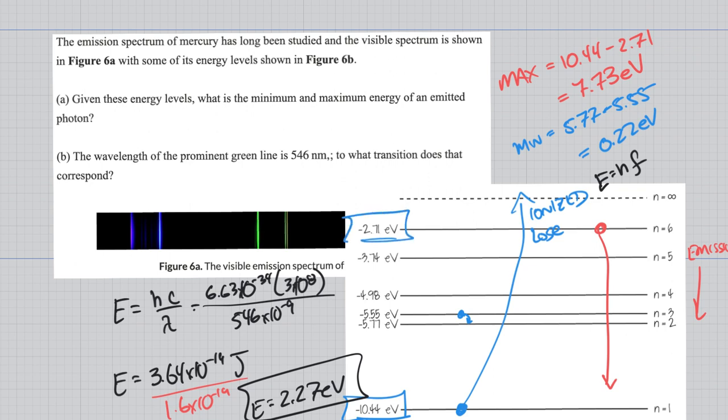And I can see, okay, if I start here and I transition down to here, 2.71, 4.98, 2.27 electron volts difference. So that's the transition going from n=6 to n=4. And that's how I would figure out which wavelength of light that transition corresponds to.